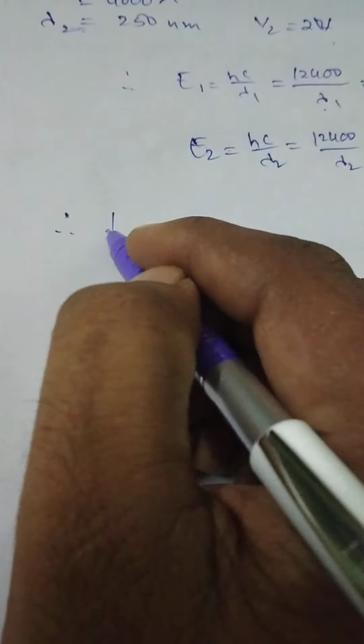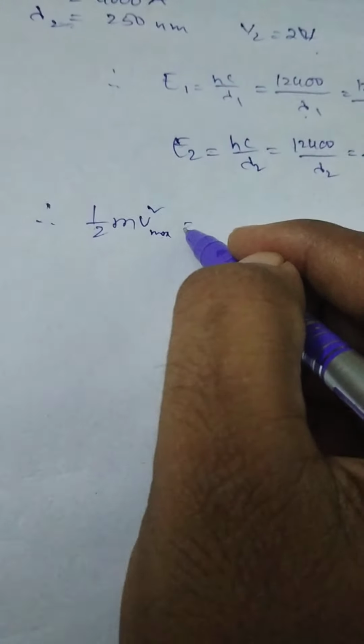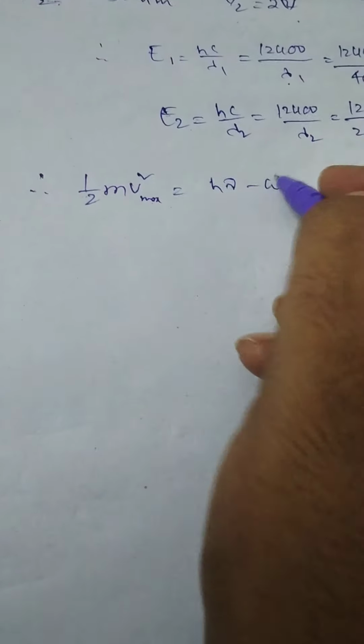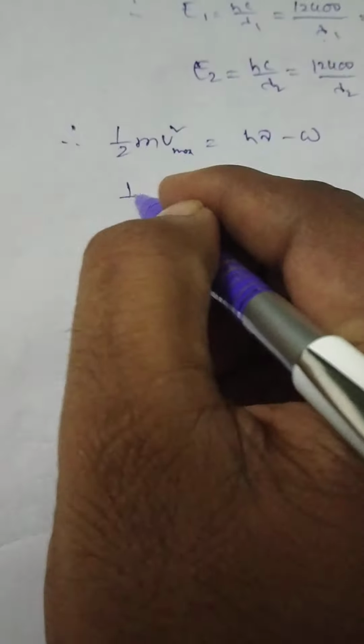Therefore, kinetic energy of the photoelectron, half m v maximum square, is equal to h nu minus w. In the first case, half m v1 square is equal to energy of the incident photon, 3.1 electron volts, minus w. And in the second case, half m v2 square is equal to, what is this value? 4.96 minus w.